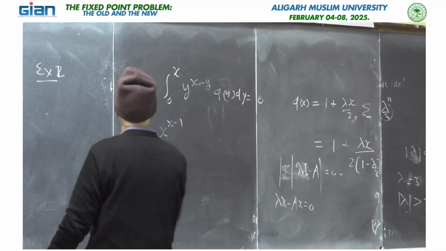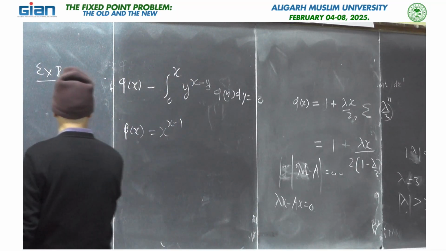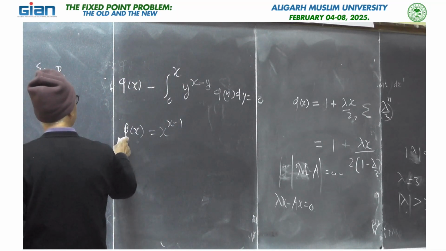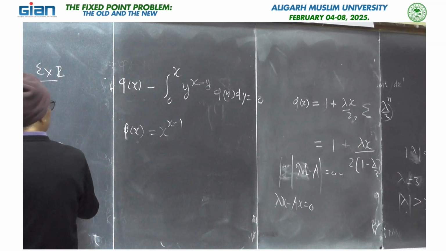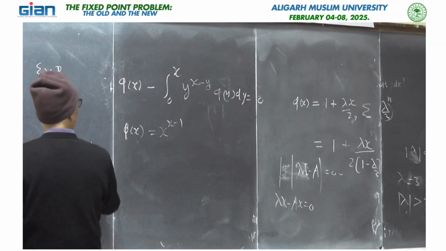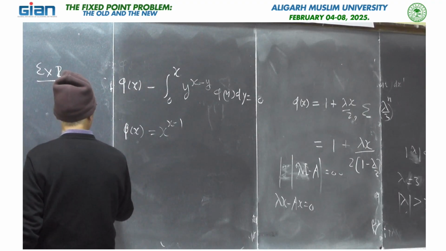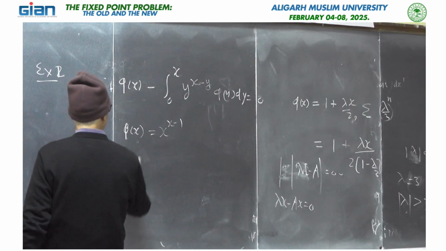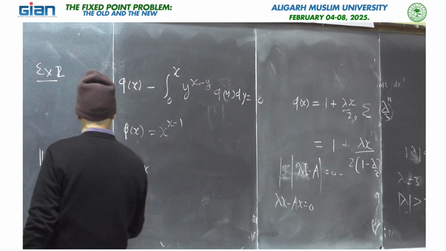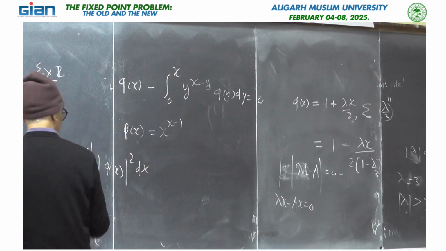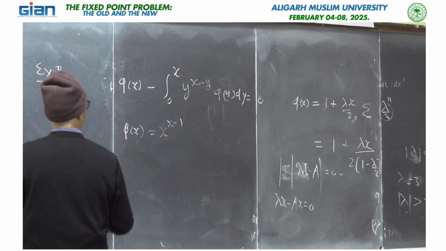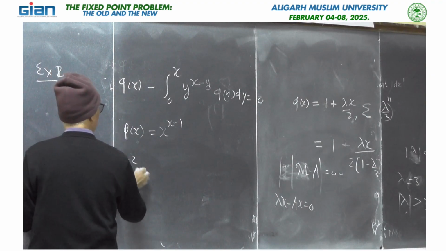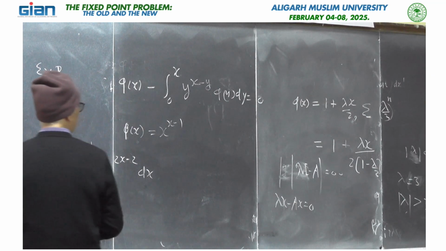So let's look at this one. If it is in L2, what's this norm? It's the integral from 0 to 1 of mod phi of x squared dx, and this is anyway non-negative, so put it there. So you don't need to put the mod, it's x to the power 2x minus 2 dx.